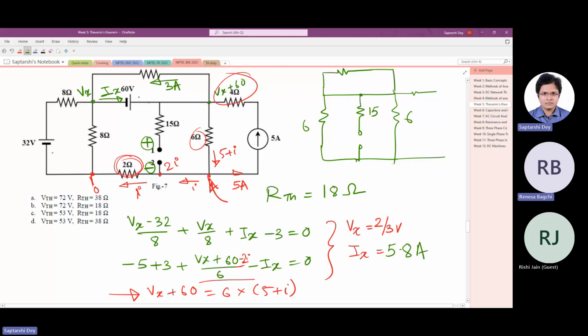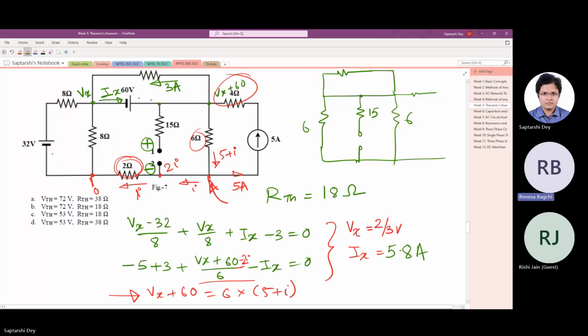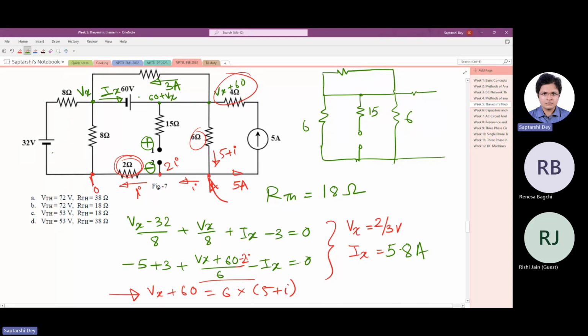We will be applying the formula. No, you need not solve anything. Just find out 60 plus Vx. That is the open circuit voltage, because there is no current through the 15 ohm resistance.